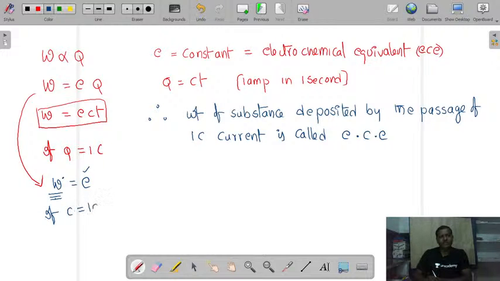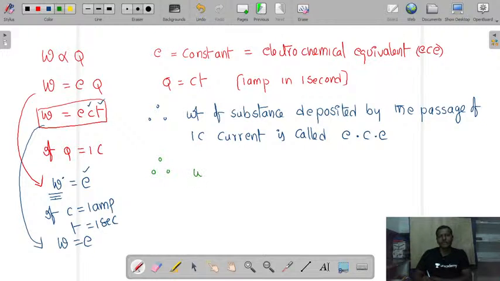If C is equal to 1 ampere and T is equal to 1 second in the second equation, then W is equal to E. What is W? The amount of substance deposited at a particular electrode.